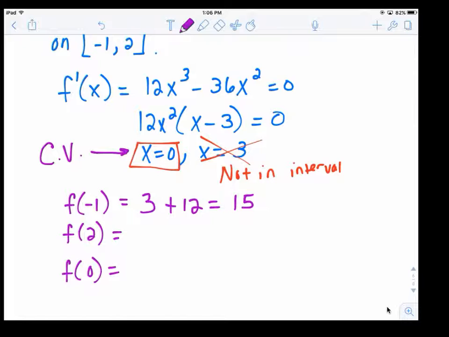All right, now if I plug in 2 into the original, 2 to the 4th is 16 times 3, which is 48, minus, I think it's minus, right? 2 cubed is 8. Yeah, that should be minus 96. And then if you plug in 0, you get 0.